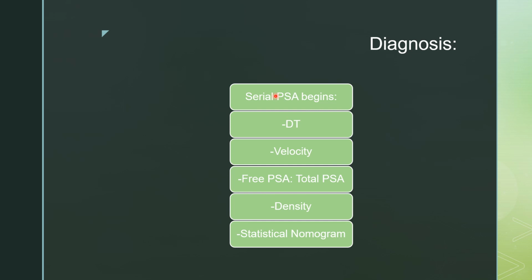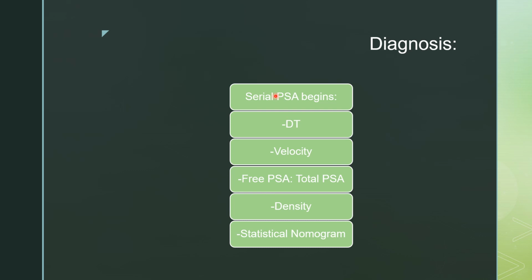Referral will be made when the level of the PSA is 4 nanogram per mil or more. But I'll talk about that later. We can also refer if we are getting 3 nanogram per mil in a young man.